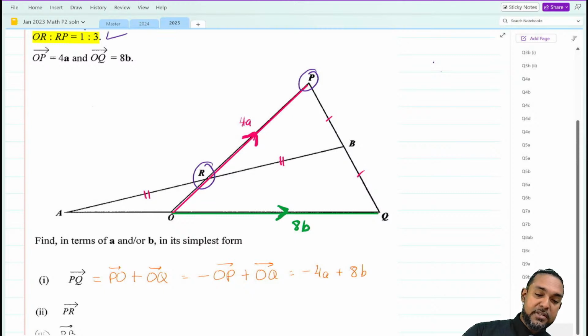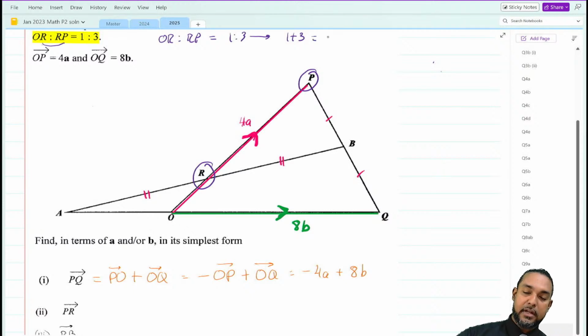And that's where this stuff in the yellow comes in. They told us here OR to RP. So the ratio OR to RP is 1 to 3. And what we do with the ratio is we add the numbers together. That'll give us 4. And then we put each of the individual numbers over the total.